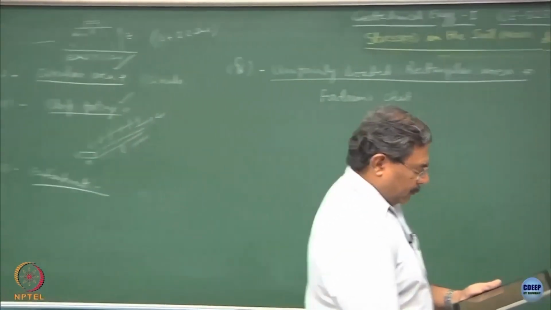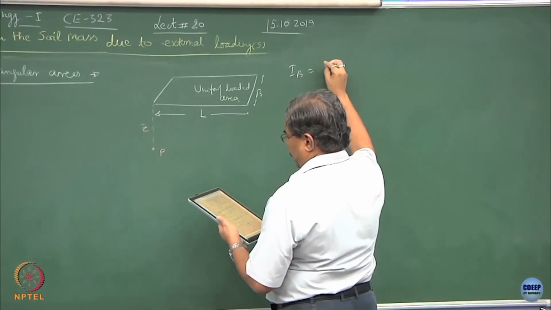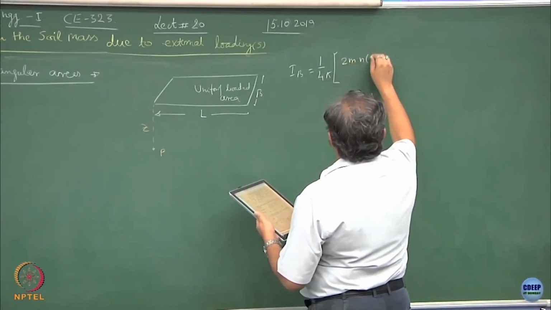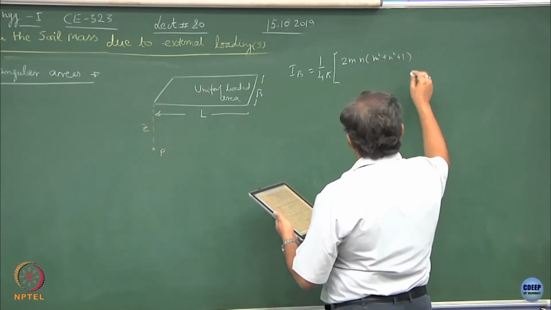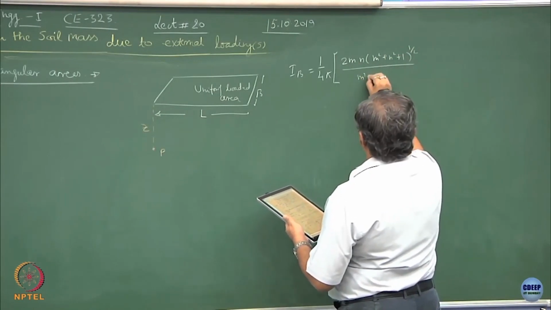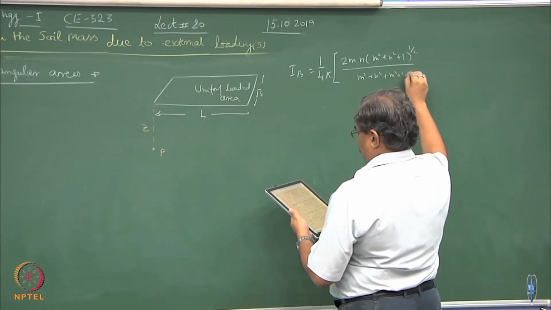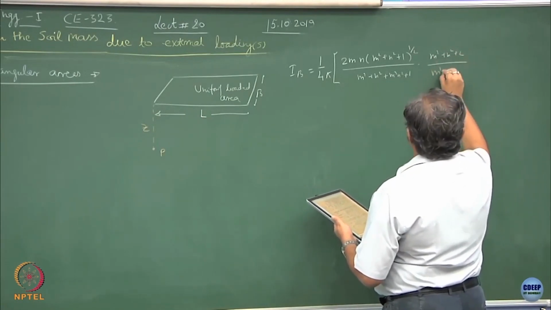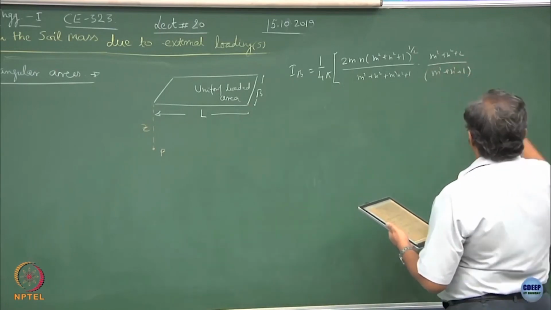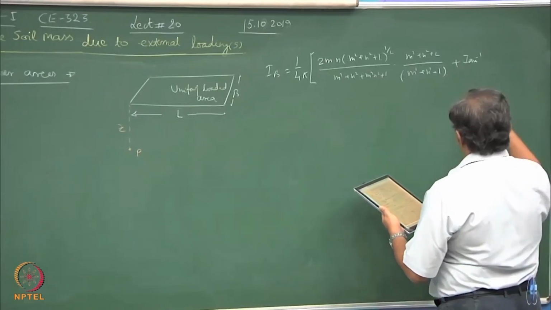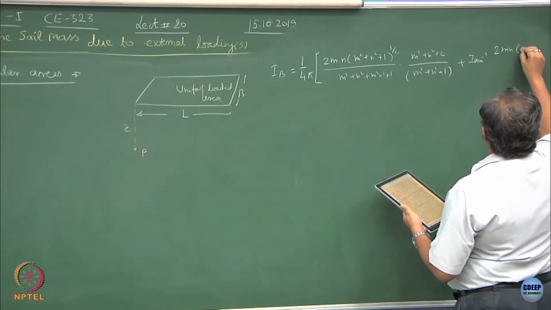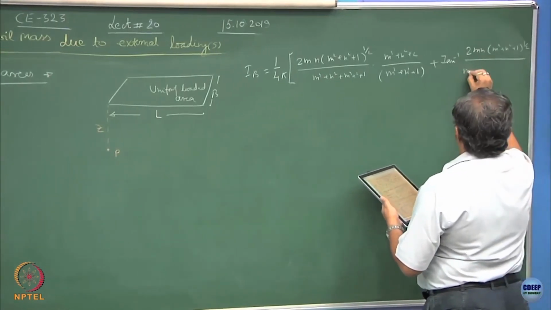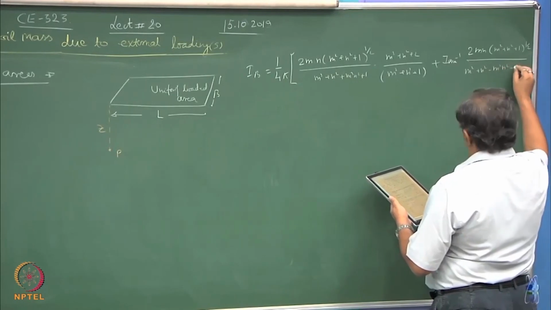It is a very longish expression. The influence factor would be 1 upon 4 pi, times 2 m square plus n square plus 1 upon m square plus n square plus m square n square plus 1, multiplied by m square plus n square plus 2 over m square plus n square plus 1, plus tan inverse of 2 mn times m square plus n square plus 1 to the power half, upon m square plus n square minus m square n square plus 1.